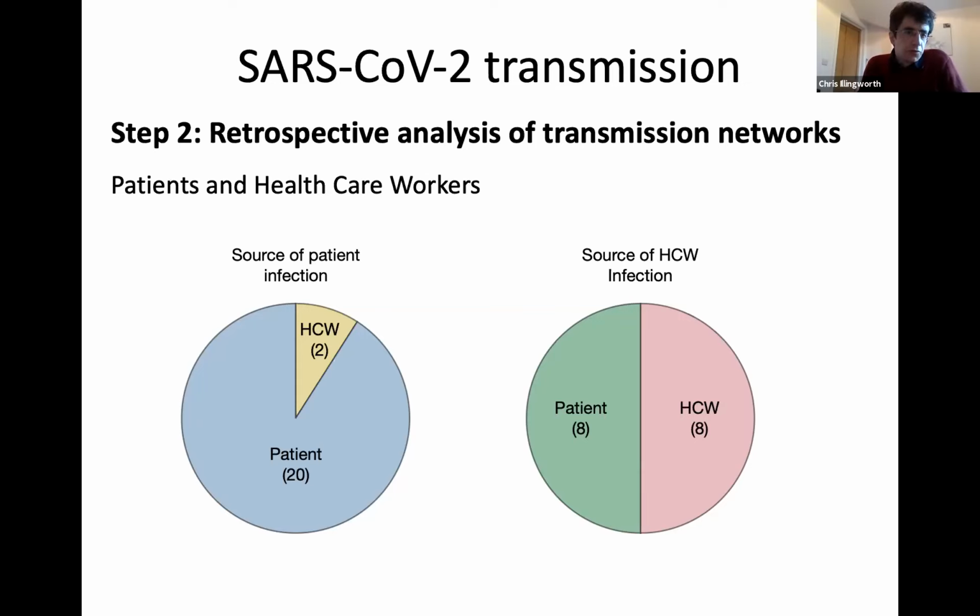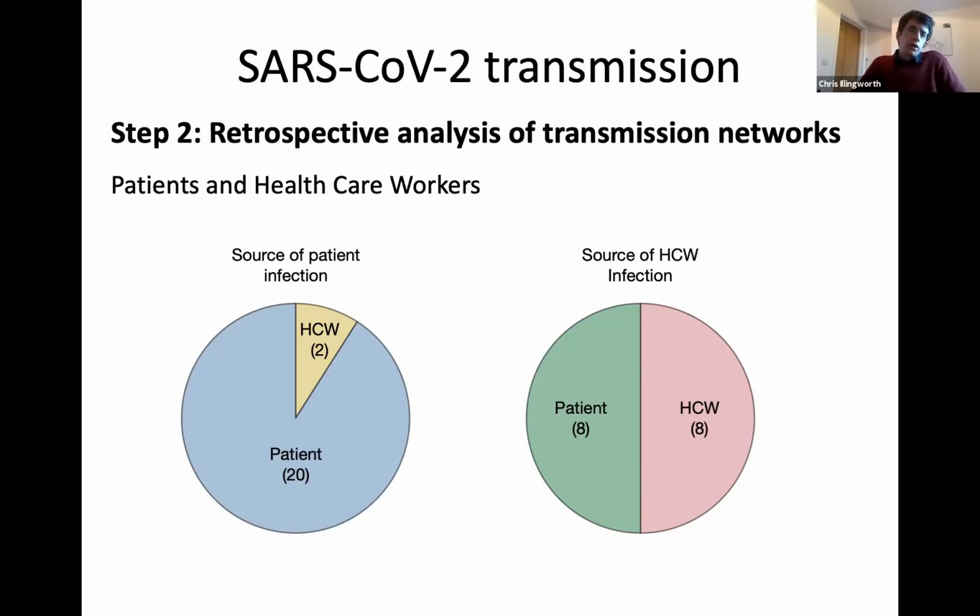So that's good news, because we don't want the healthcare workers to infect the patients. But it's still an issue in that patient-to-patient transmission is quite important. Healthcare workers seem to be 50-50, so they sometimes get infected by patients, sometimes by each other.